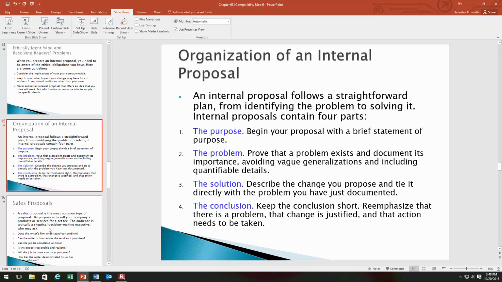So when I say vague generalizations, what I mean is, for example, let's say you tell your supervisor that we need a new photocopier machine in the workroom because everybody in my department hates it. Okay, that's a vague generalization. That doesn't give a whole lot of good, solid information.